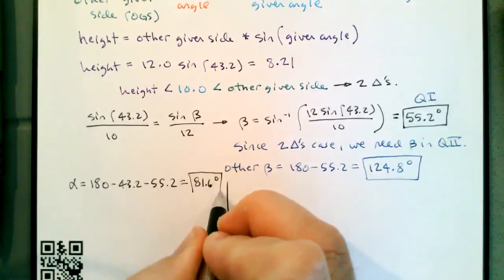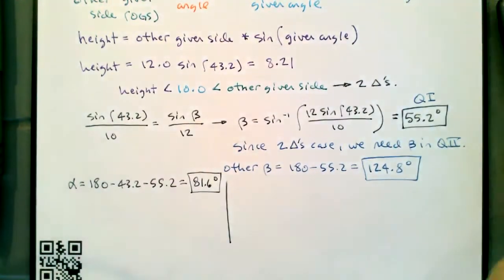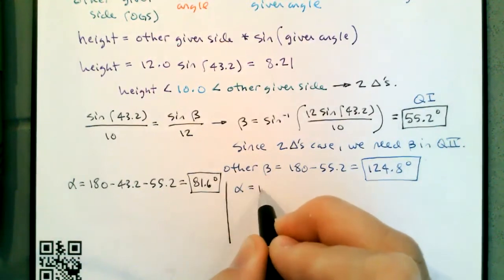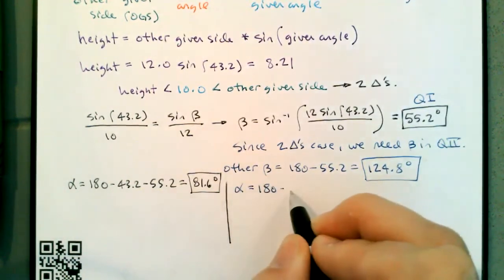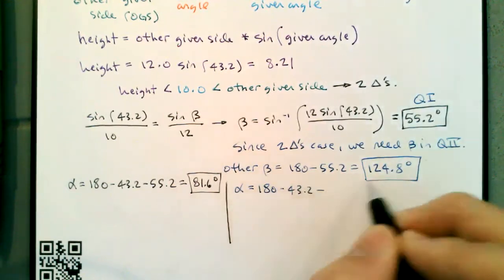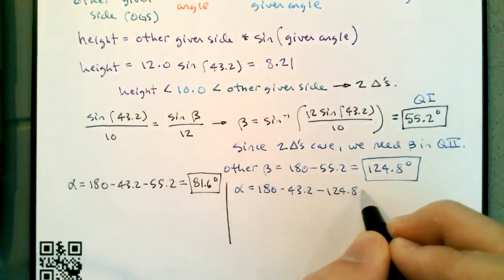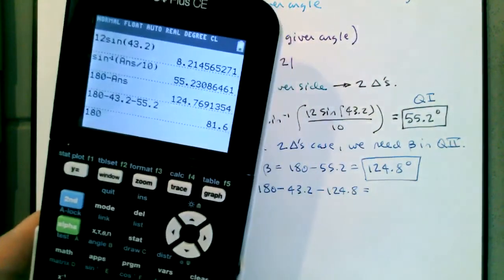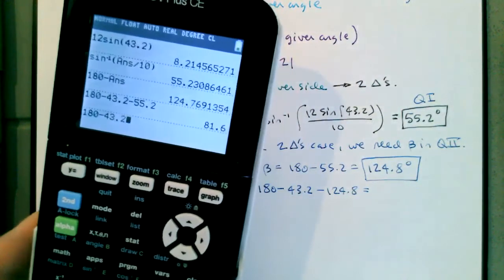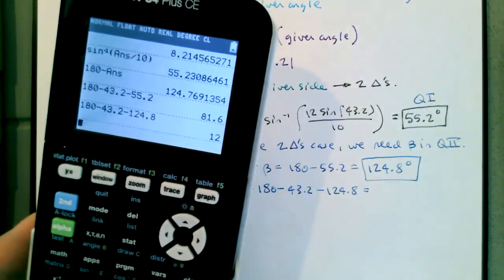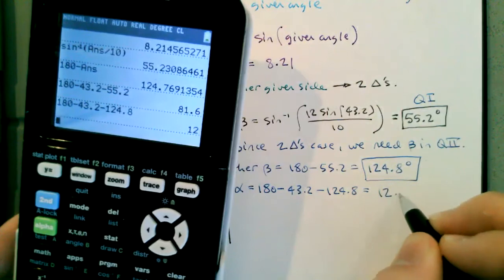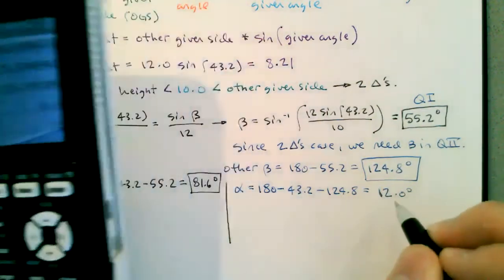There's our first alpha, but then we're going to have another alpha to go with the other beta, because we're in two triangles land. So we'll subtract the 43.2, and we'll also subtract the 124.8. And we get a little tiny 12-degree angle.